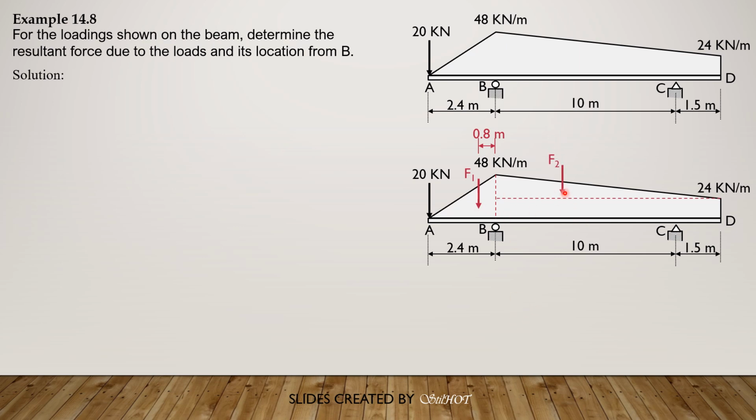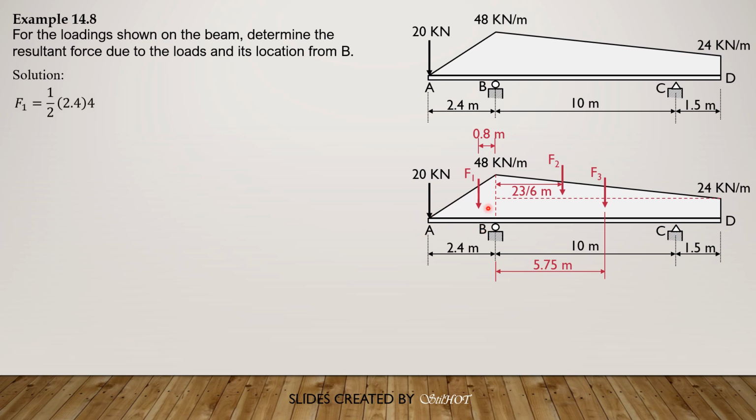Its distance from point B is 1/3 of 10 plus 1.5, 1/3 of 11.5, and that is 23/6 meters. Then F3, this rectangle here, its location from B is 11.5 divided by 2, 5.75. And of course, this 20 is a concentrated load.